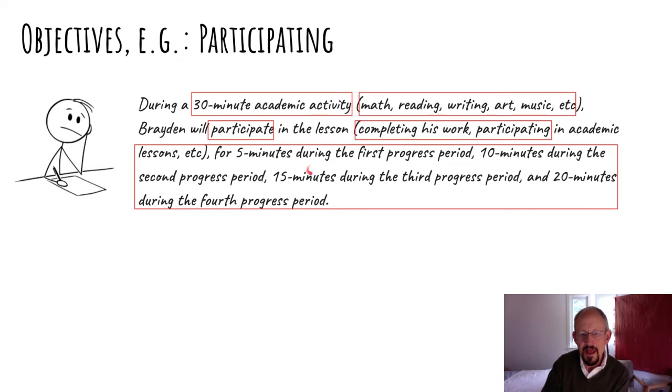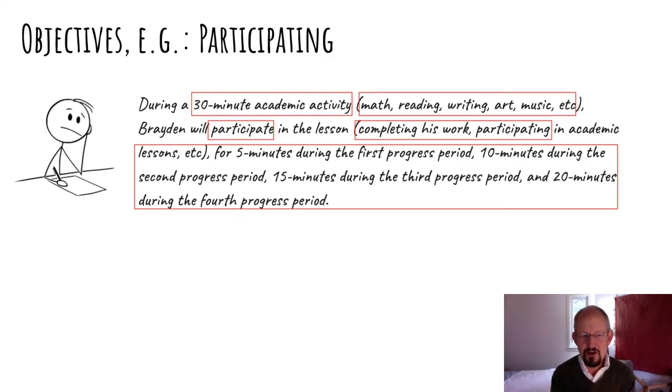And we've got an entire set of benchmarks. We've got some challenges here, and these challenges need to be really fleshed out if we're going to have an IEP objective that can be coherently and clearly measured. So first of all, we've got a 30-minute activity. So what happens, for example, on a given day if it doesn't last 30 minutes?